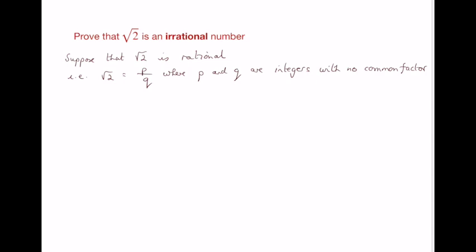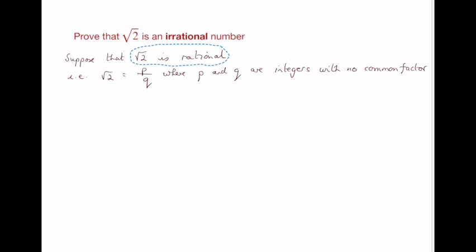The proof that root 2 is an irrational number is a model for any particular proof by contradiction, but in particular the question upon which this video is actually based. And what we do is we have to prove that root 2 is an irrational number, so we suppose the exact opposite, that root 2 is rational.